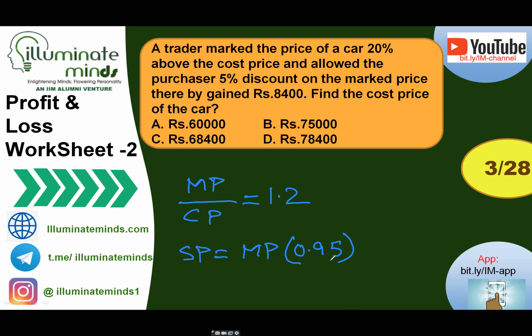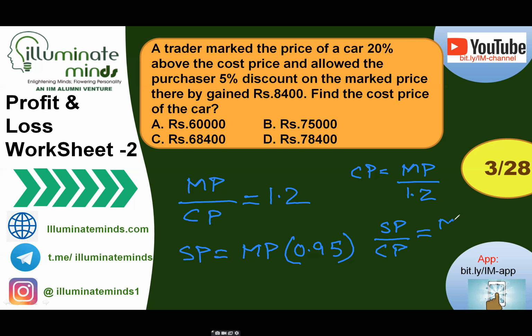So what I can do at this point of time is take the discount of 5% and 20% above the cost price. Cost price is equal to mark price divided by 1.2, right? And if I do SP by CP, again I'm going with the profit percentage thing.